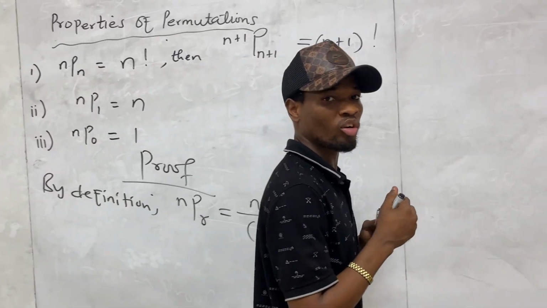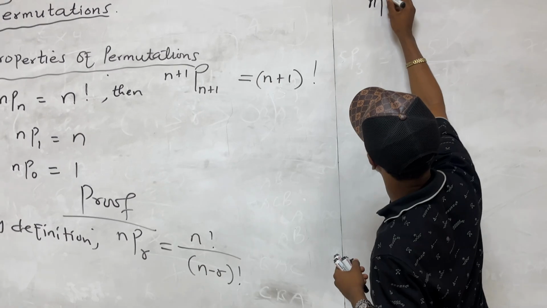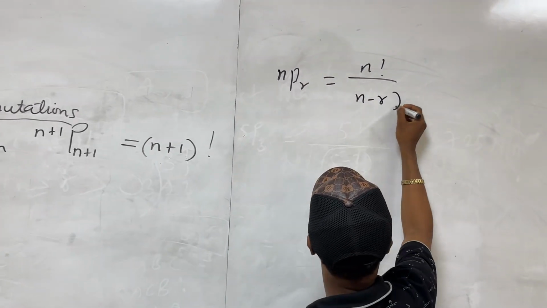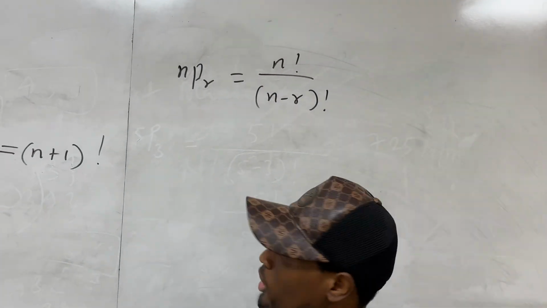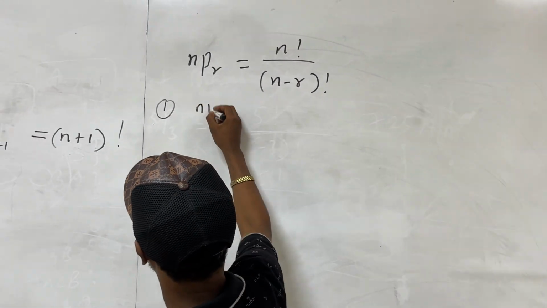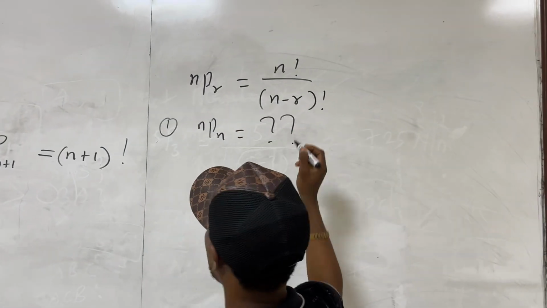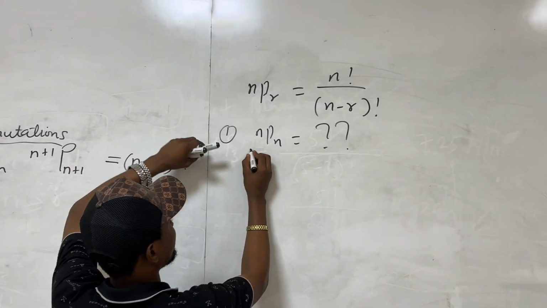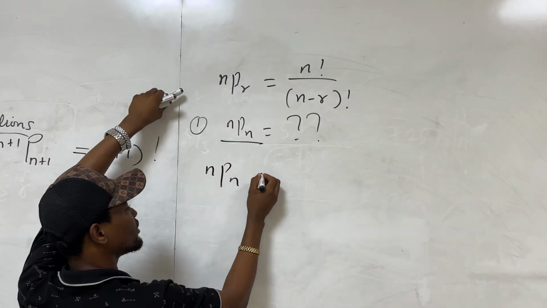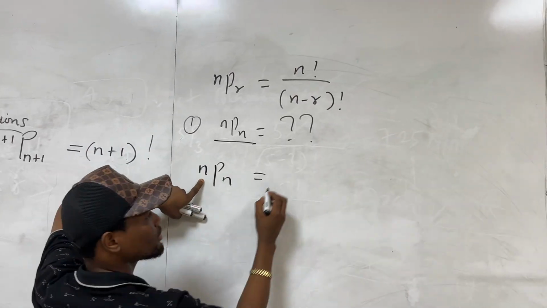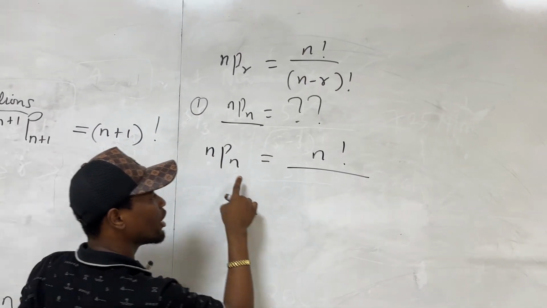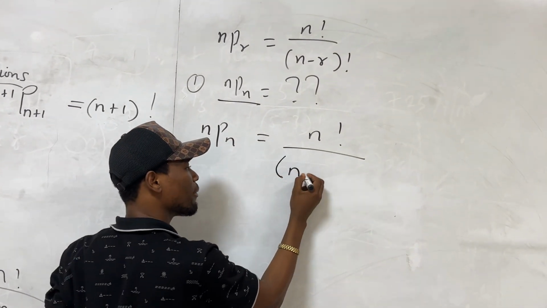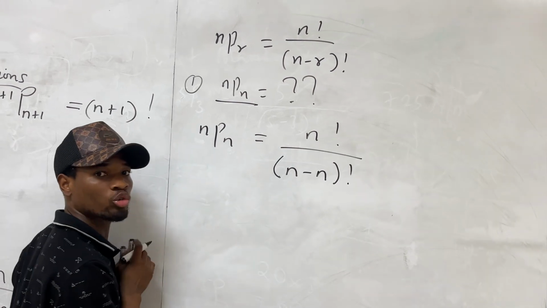So here, for want of space, nPr is given by n factorial over (n minus r) factorial, right? And we are supposed to prove that nPn is equal to n factorial. So I can say that this nPn, what did we say? We have n factorial over the difference, you subtract this from that, so you have (n minus n) factorial.